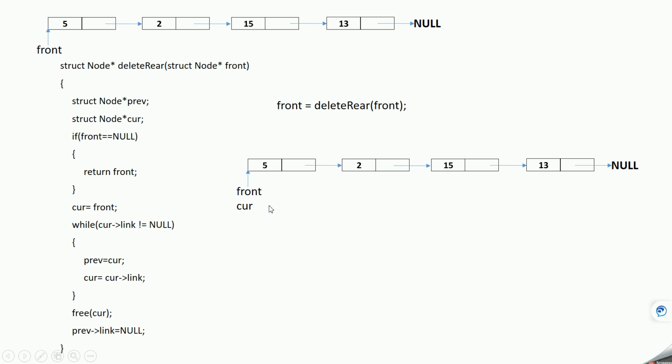In this case, current link is pointing to this node, so this condition will become true, and next we'll point previous to current, and current will be incremented to this node. So previous will point here and current will move towards the next node.